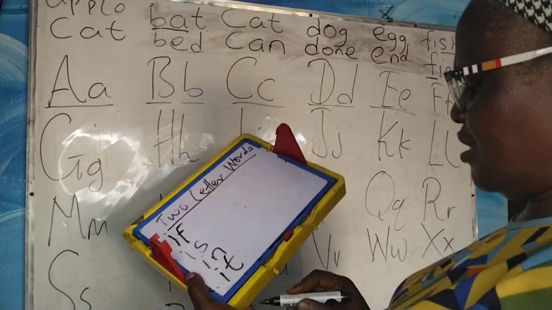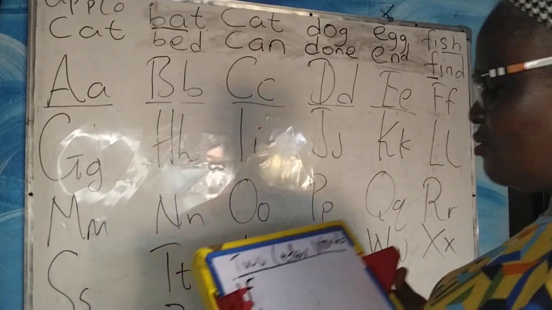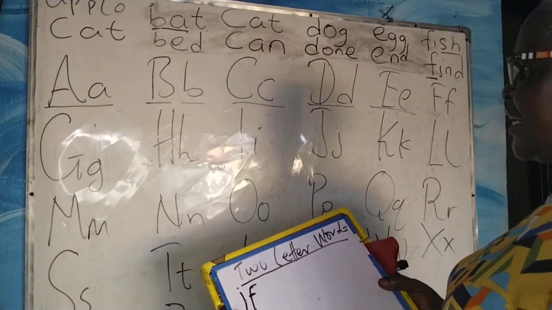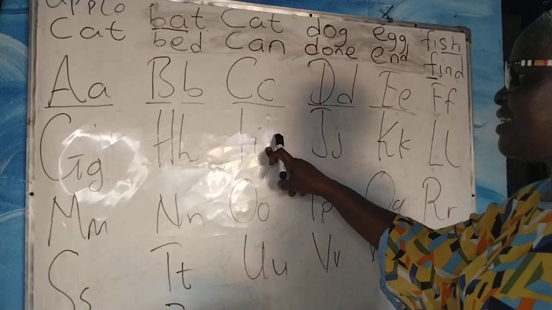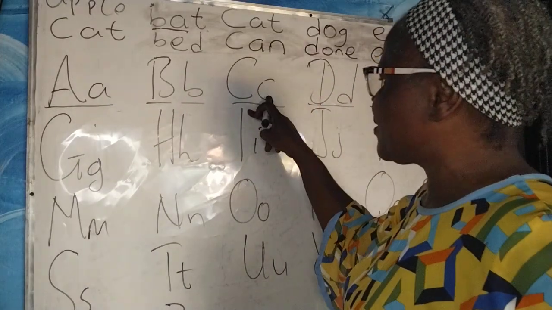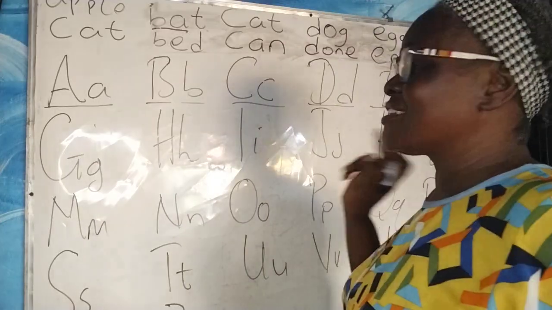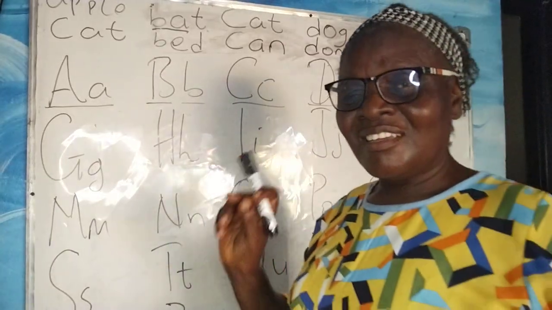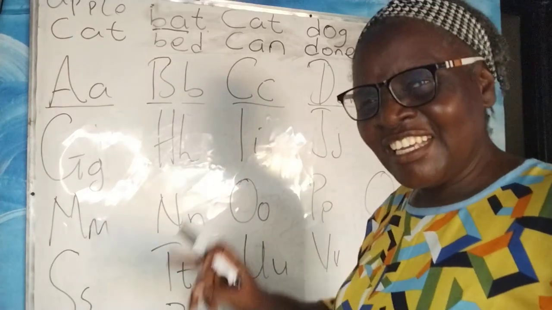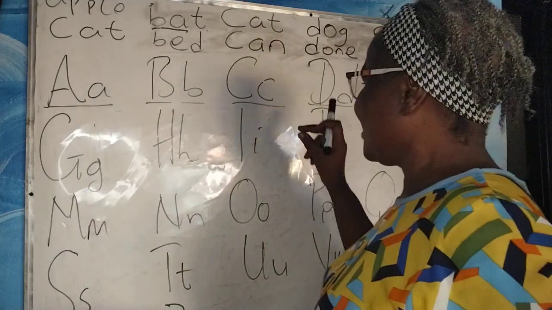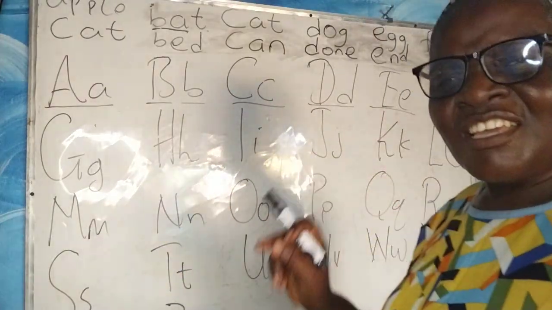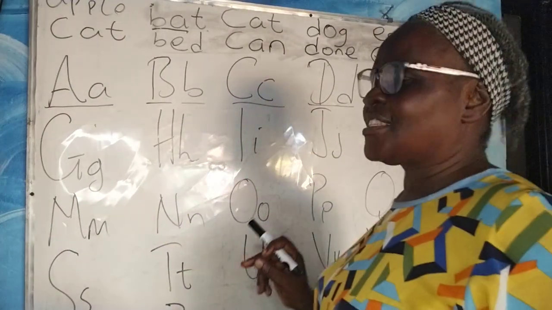Looking at these two-letter words that I wrote here, you see that the sound of letter I is E. The sound of letter I, whether capital or small letter I, is E. E as in in, it, is, if, insect, and so on.